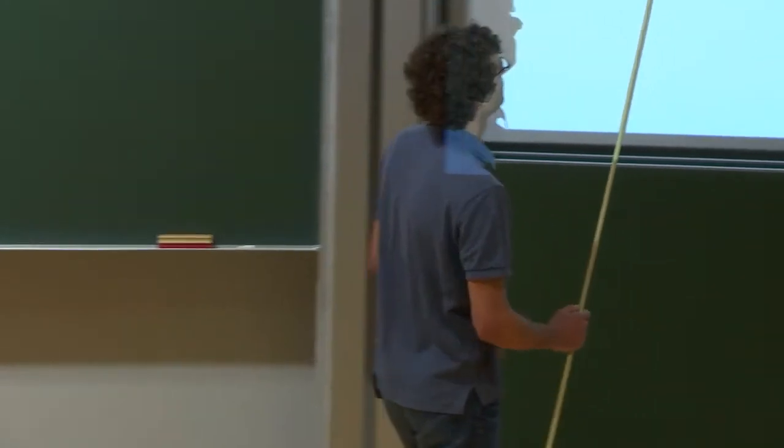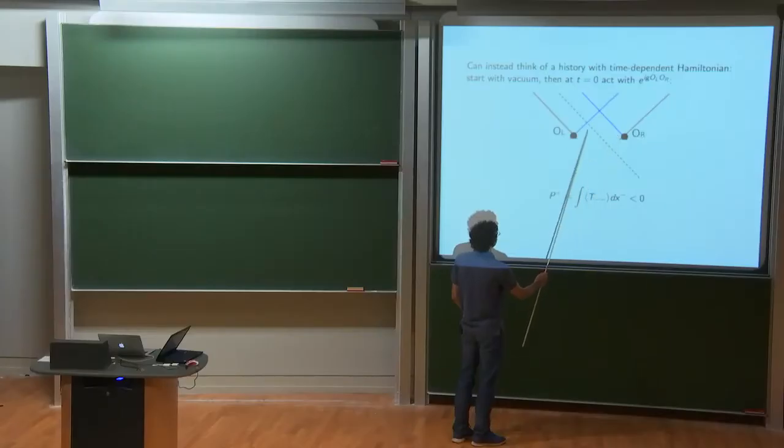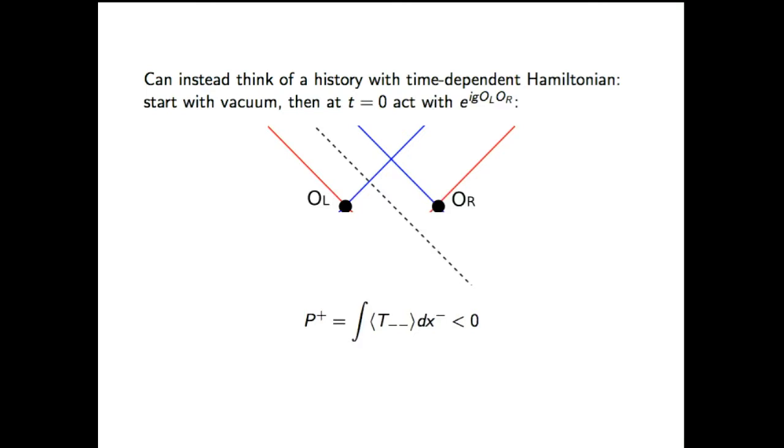And here, when we use a Hamiltonian that involves a non-local coupling between these 2 points, we're breaking the rules of local relativistic quantum field theory, and so it's perfectly OK that we found, as a result, a history which has negative average null energy.